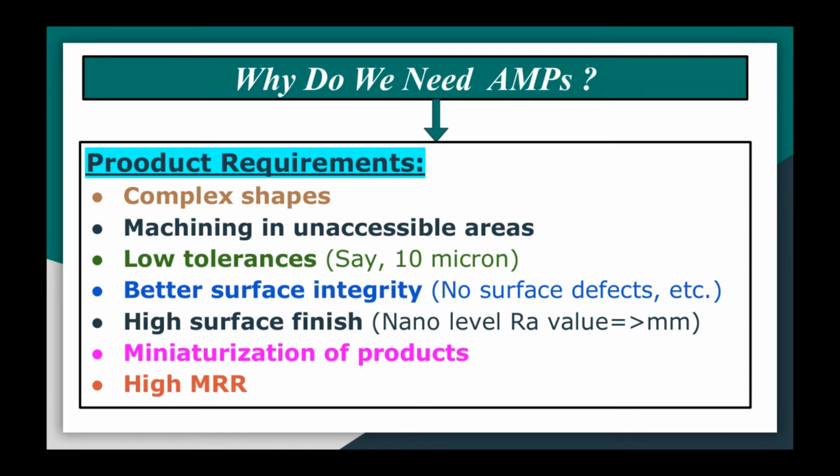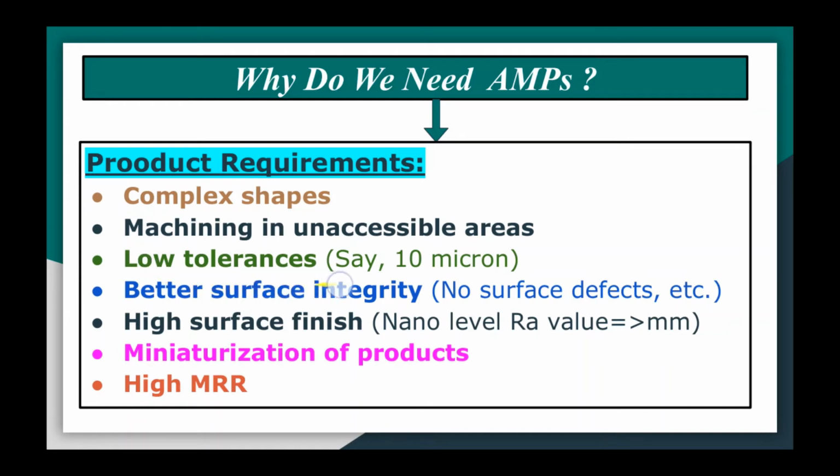Now apart from the workpiece material properties, there are product requirements which are very complex in shapes. Many products are very complex in shape. Many times you require, as I will give you some example, to machine the component in inaccessible areas.